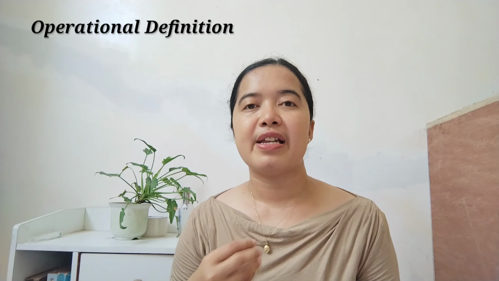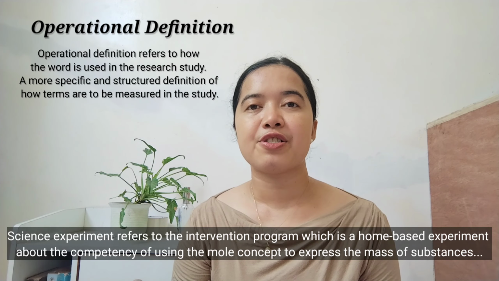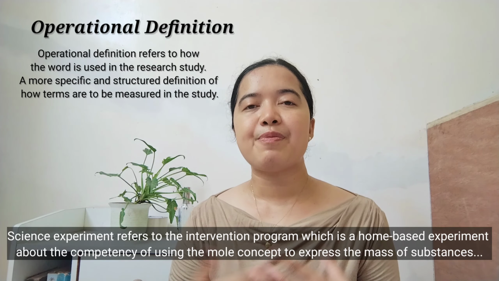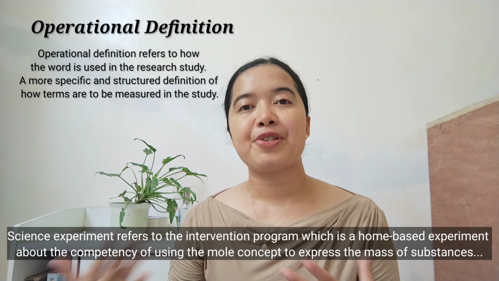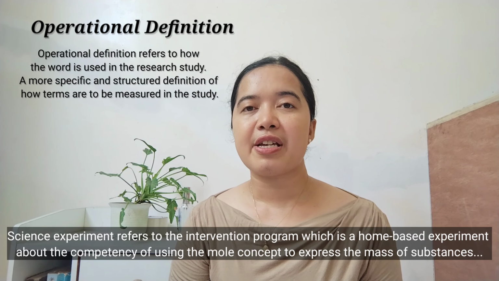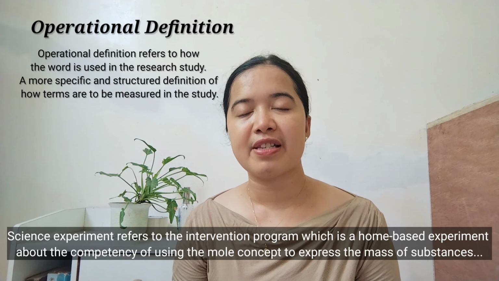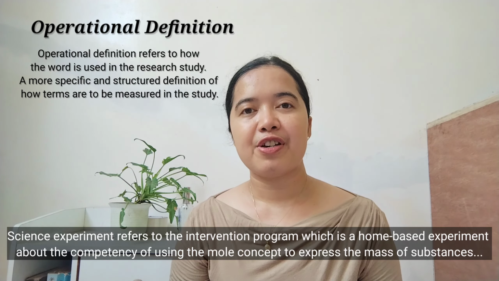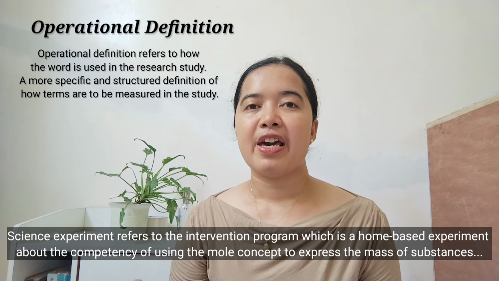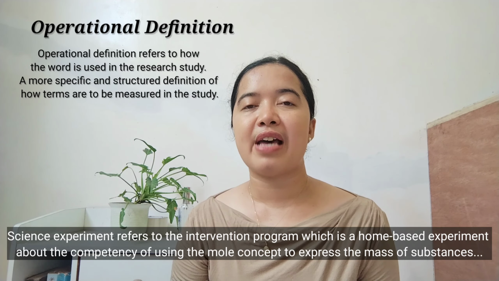Now, the other one is the operational definition because, as the name suggests, this is how the word operates in our research paper. This is how we specifically use the term in our research study. So when we talk about science experiment in our research study, it refers to the home-based experiment that we employ as an intervention program to check if it will help in improving the grade 9 students' academic achievement.